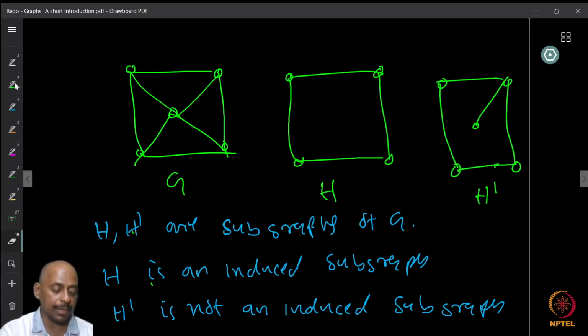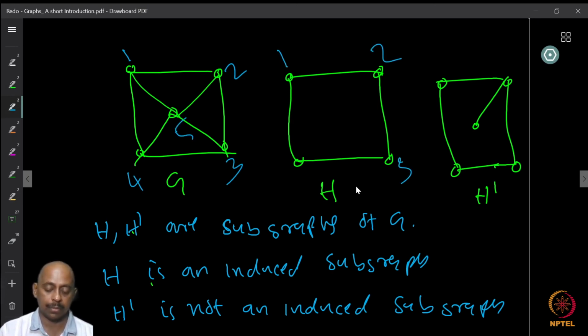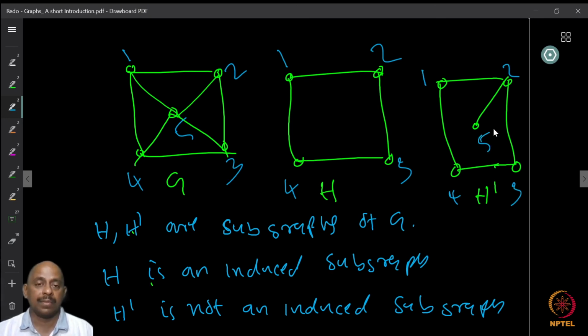If I want, I can also name the vertices, 1, 5. Now, with this, one can see that, of course, H is a subgraph of the graph G. H dash is also a subgraph of the graph G.